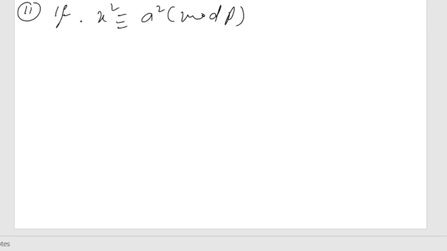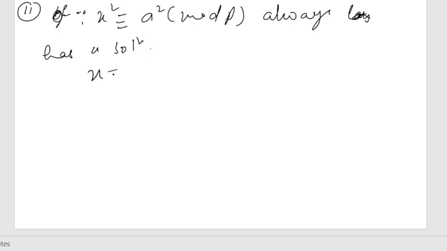The second one is, x square is congruent to A square mod P always has a solution, right?